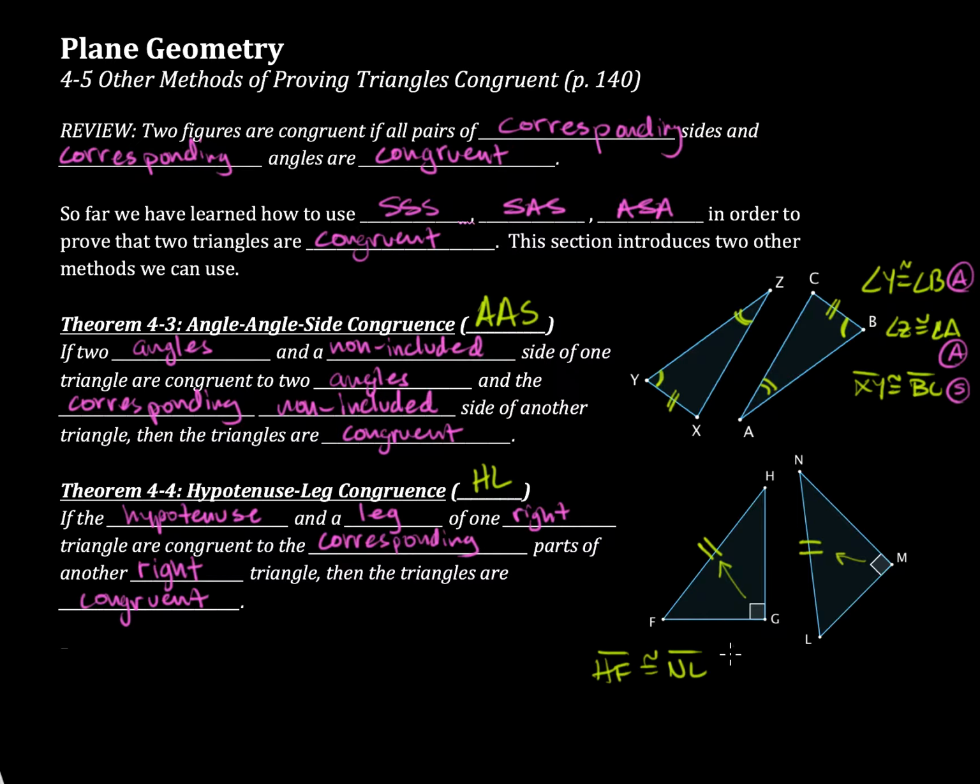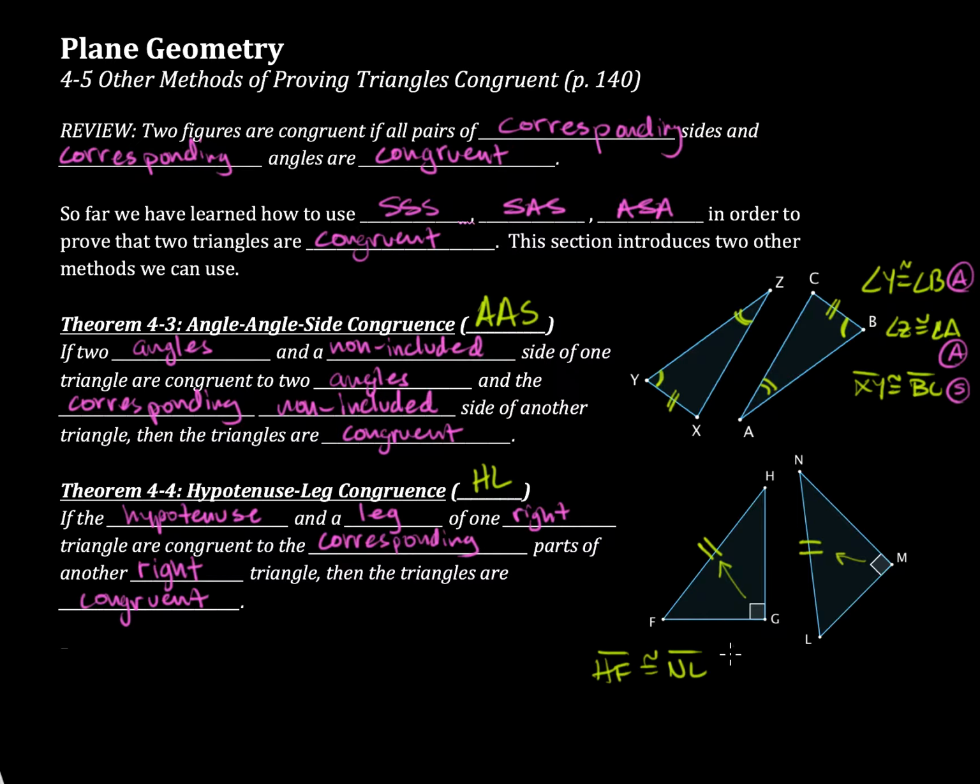And then we have a leg from one triangle congruent to a leg from the other. In this case, I'm going to mark that FG is congruent to ML, and that satisfies the leg part of HL. So that would be what we would be looking at if we were going to use HL: two right triangles, hypotenuse is congruent, and one of the legs congruent on each. And that gives us HL.